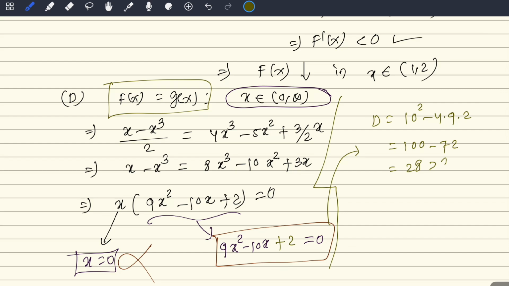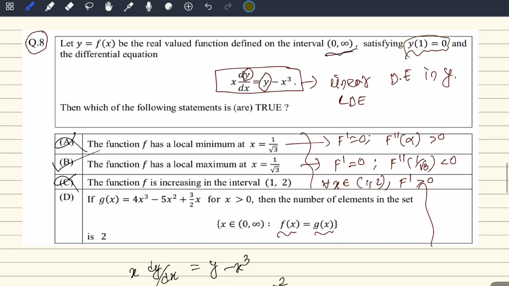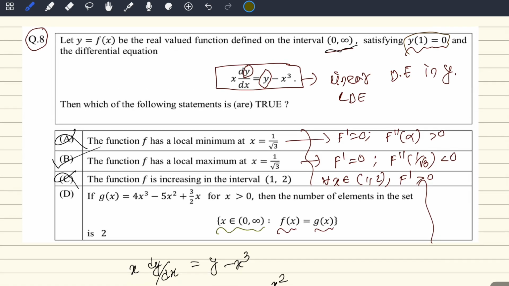So D is positive. D is positive means this has two real and distinct roots. That means f of x equal to g of x has two different solutions. So the set of x such that x belongs to the open interval 0 to infinity, f of x equal to g of x has exactly two elements. That means option D is correct.